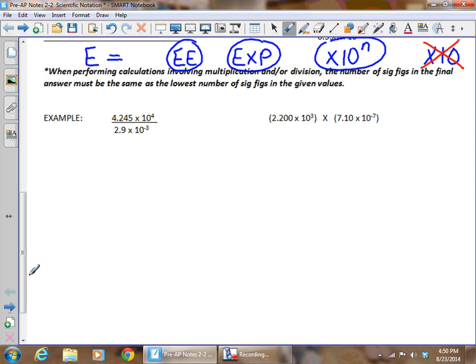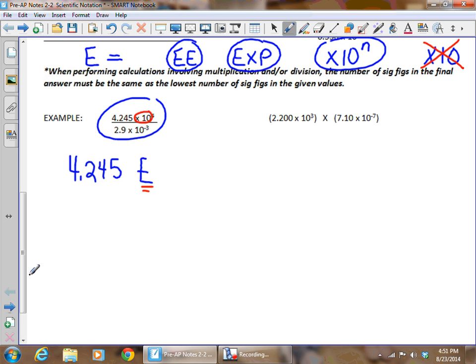So you never plug in times 10, you just use the E button, whatever that might be for you. So if I were going to put this value into the calculator, for instance, I would put in 4.245. I'm going to find that E button, and whatever that E button is, that's what I'm going to plug in next. And remember, the E button stands for times 10. So don't put in times 10.